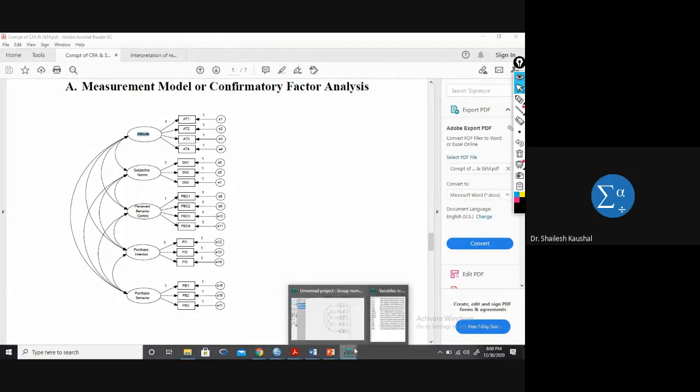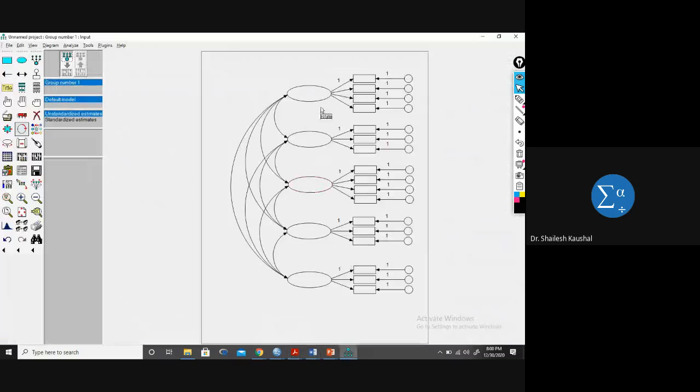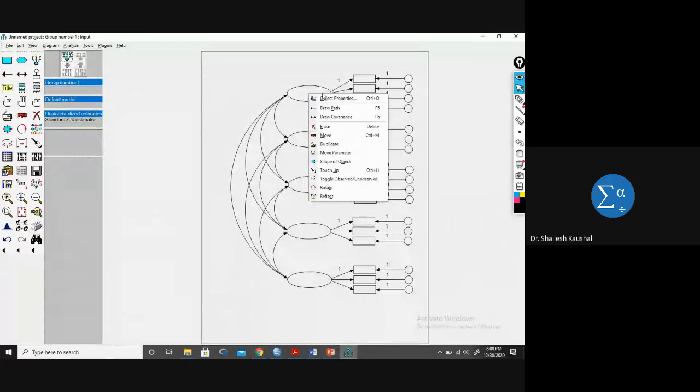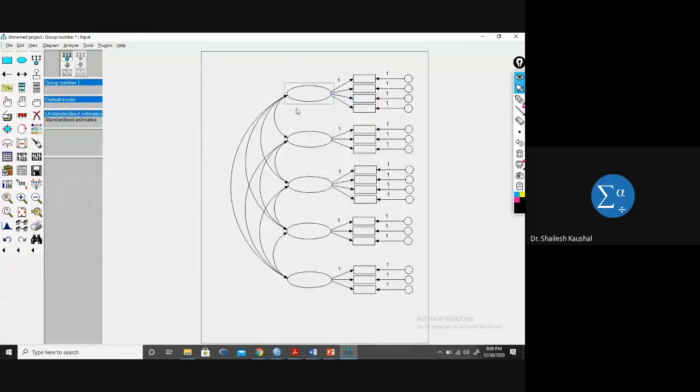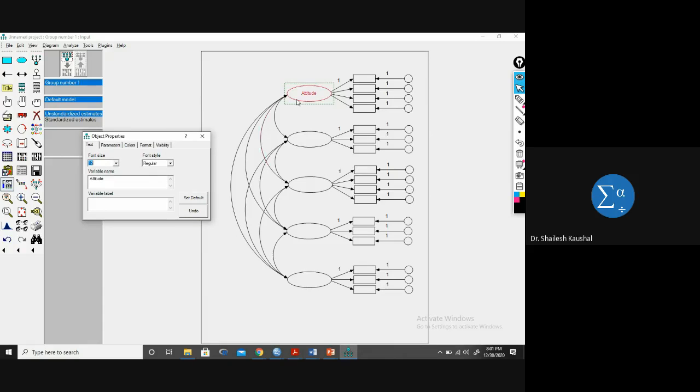I put my cursor here, right click, object properties, and I copy and paste here attitude. Now I can change the font size also. Here it is 18, so we can take it to 12 so that it will not go outside the oval shape.